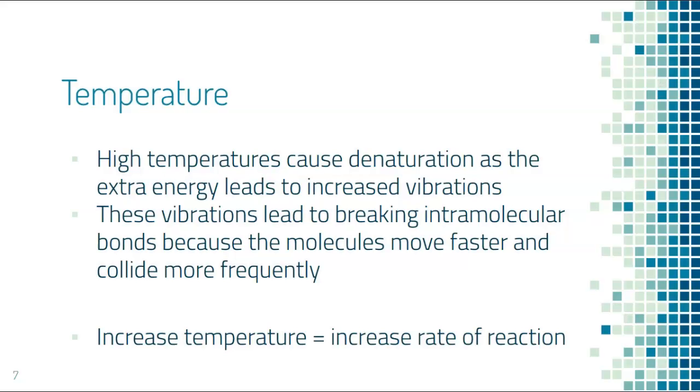For temperature, you can go to high temperatures because the extra energy leads to increased vibrations. And when you increase the vibrations in a high temperature, those vibrations actually break the bonds because the molecules are moving faster and colliding more frequently, hitting each other so hard that the bonds are breaking. And so when you break those bonds, you break the protein shape.